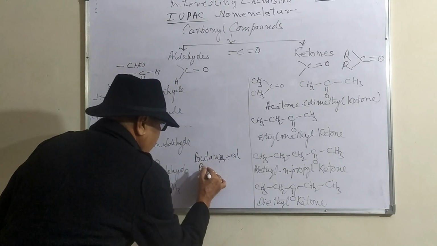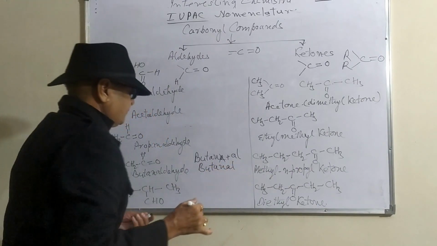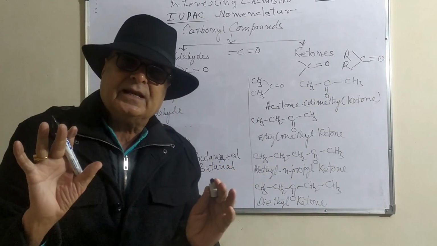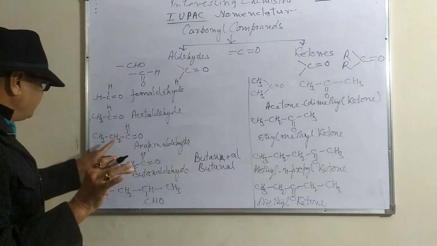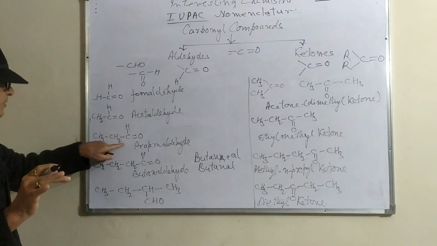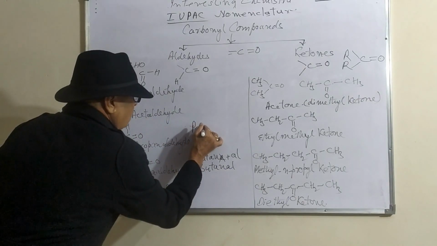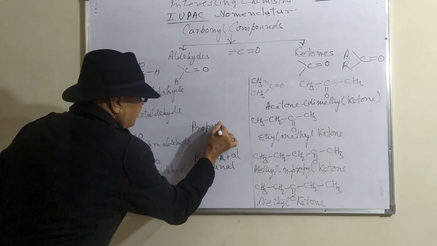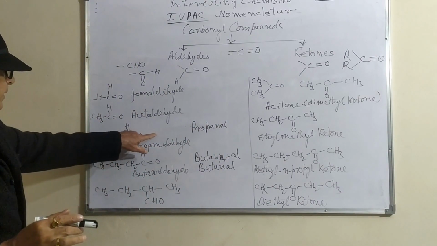So the name of this compound is butanal. Here there are 3 carbons, so the name of this compound will be propanal.